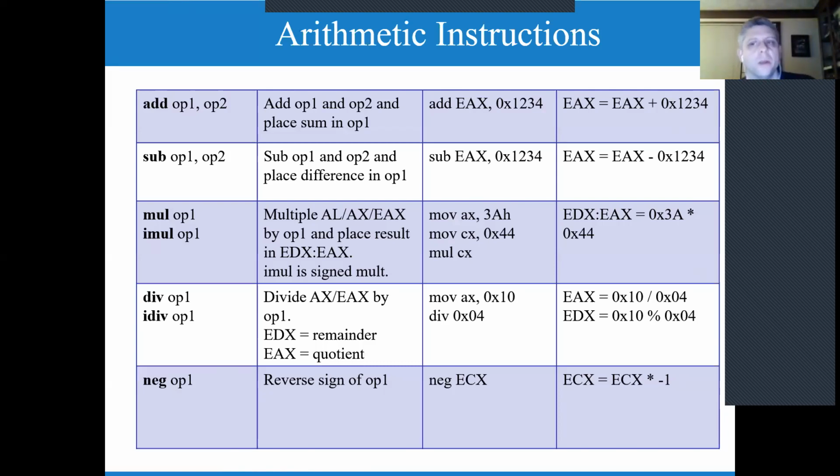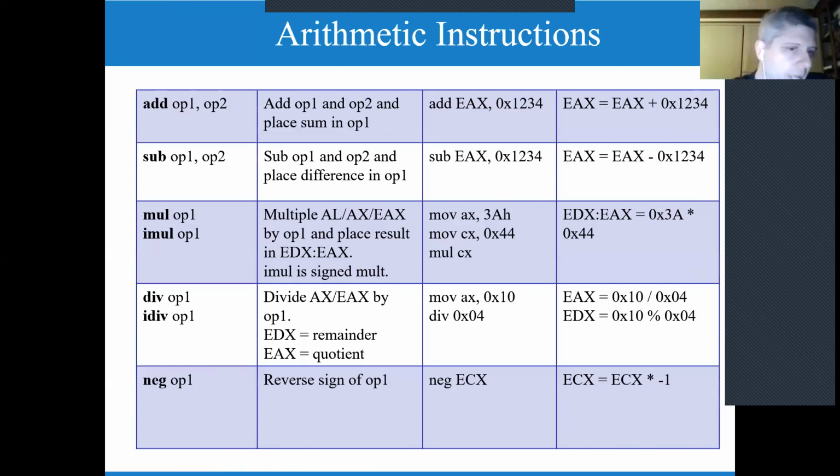In other words, after it multiplies the two values together, because you may get a value that's much larger than one register, it splits them into two registers, where the first 4 bytes will be in EAX, and the second 4 bytes will be in EDX. The difference between mul and imul is that the mul command is only for unsigned mathematics. Imul is for signed mathematics or multiplication.